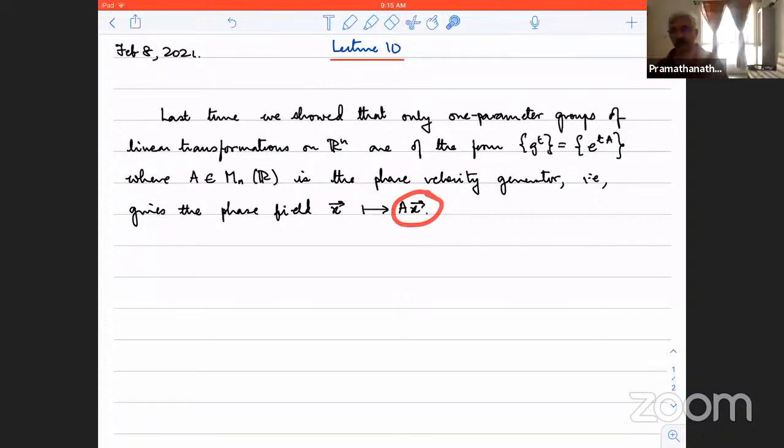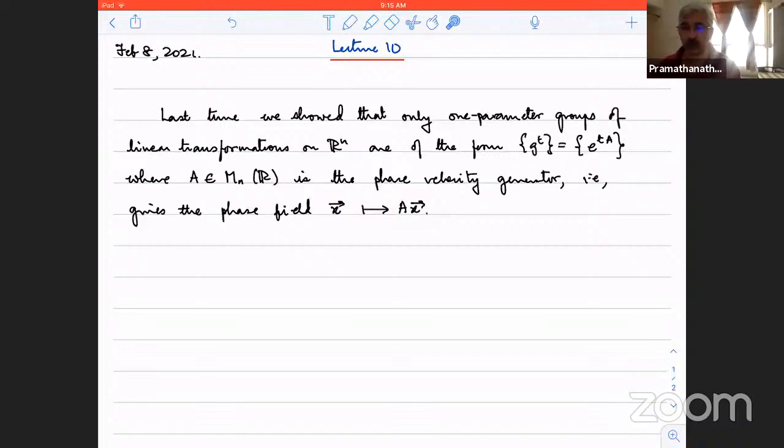It's in a different direction from x, but depends upon x in a linear way. You find integral curves of this vector field, and they have to be of this form. That was the content of what we showed, and this is precisely the solution of homogeneous linear equations of the form x dot is equal to Ax. So all of them will look like this.